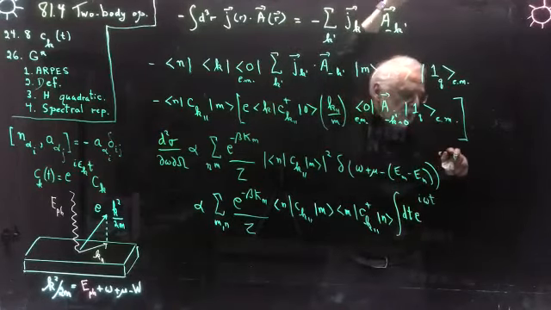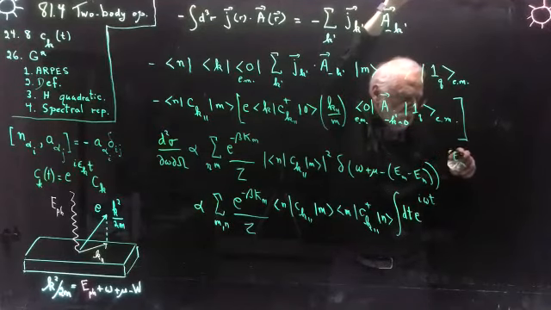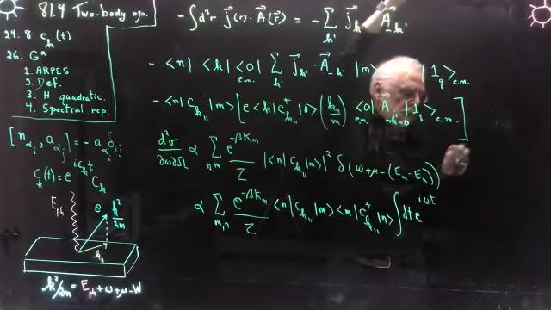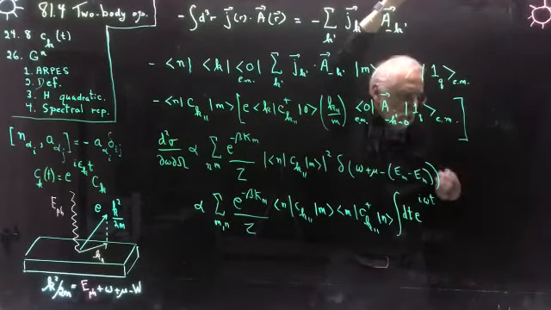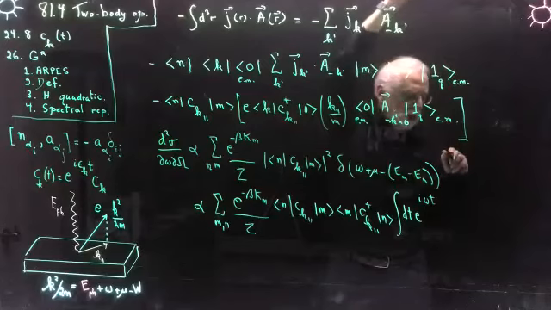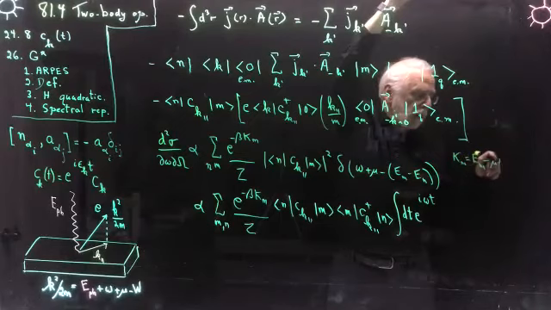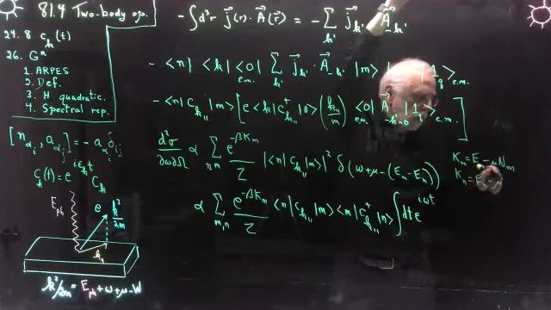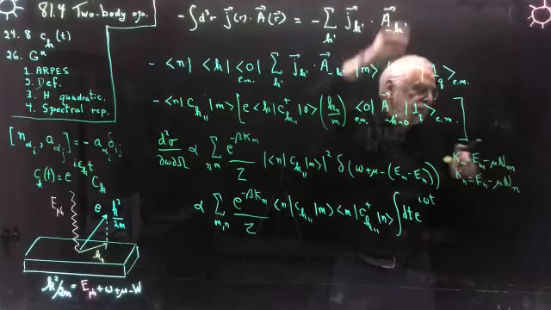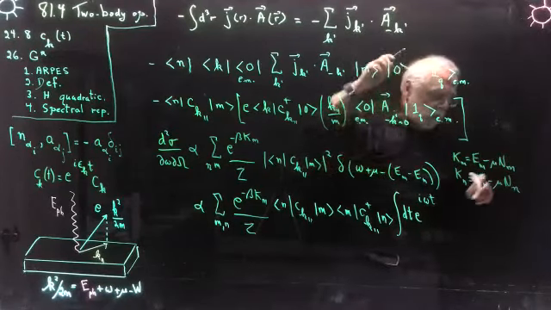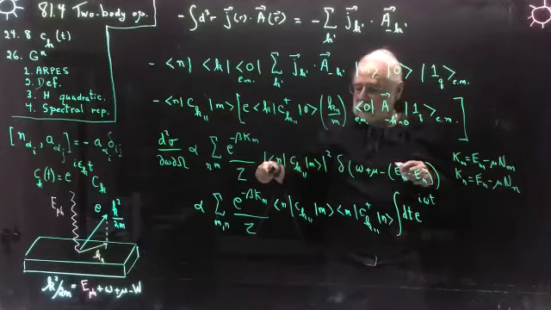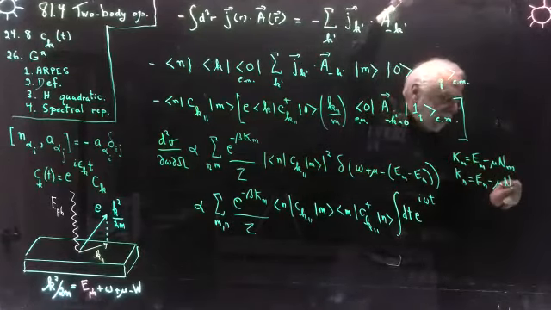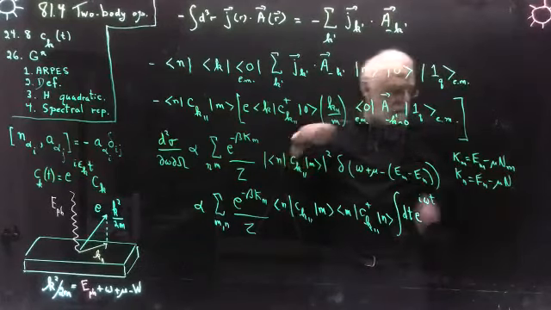Let's write instead K m is E m minus mu times the number of particles in state M. And K n is E n minus mu times the number of particles in state N. But now the number of particles in state N is one less than in state M. I go from M to N and there's one less particle.